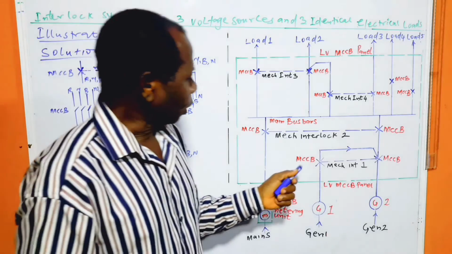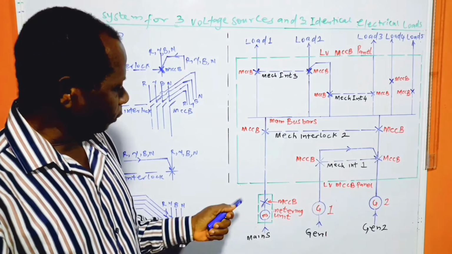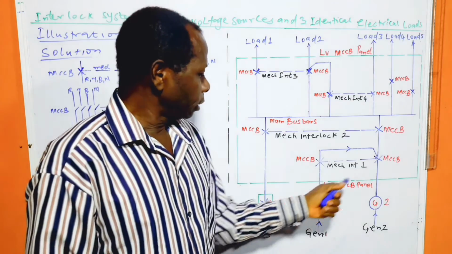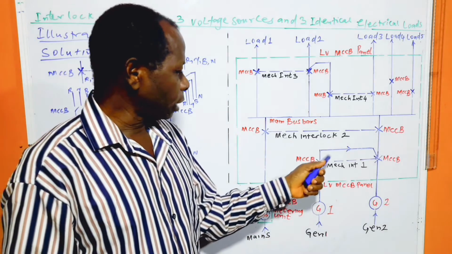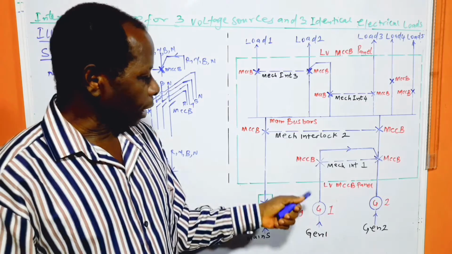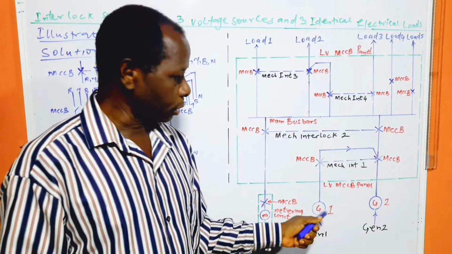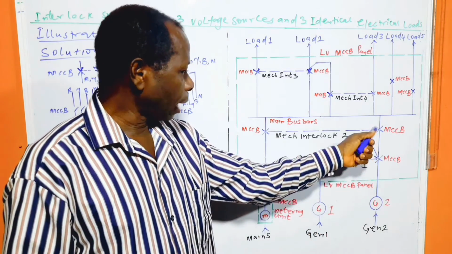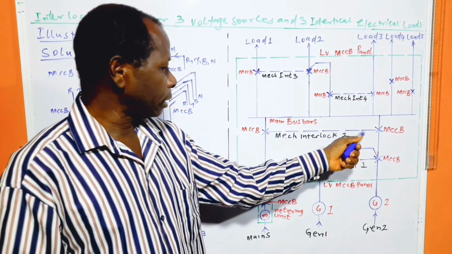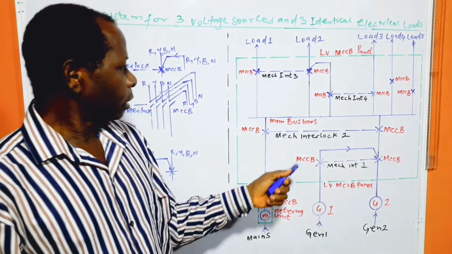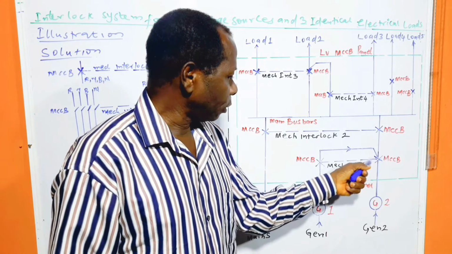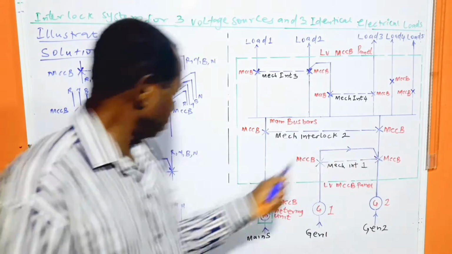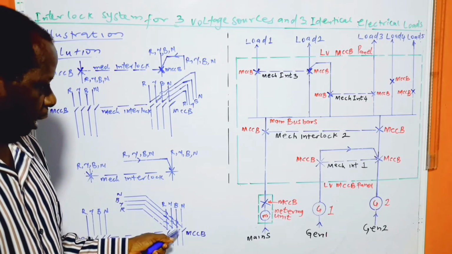Another way of selecting one voltage source out of 3 voltage sources at a time is by using an interlock to select any of the 2 generators and subsequently interlocking the output of the selected generator with the mains. Now, the detail of what is happening at the upper part of this circuit breaker is what is shown here.